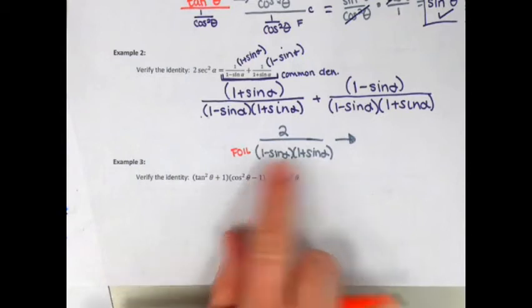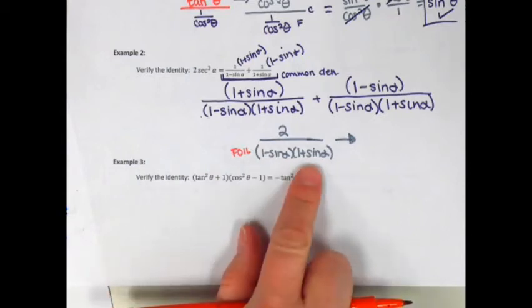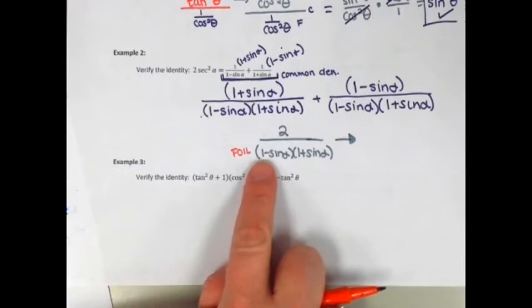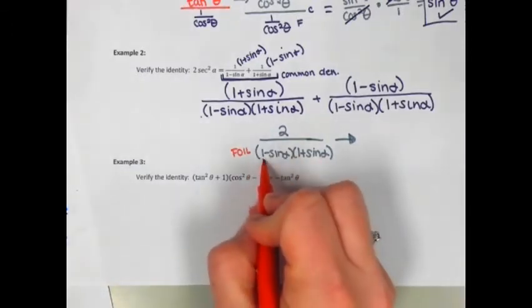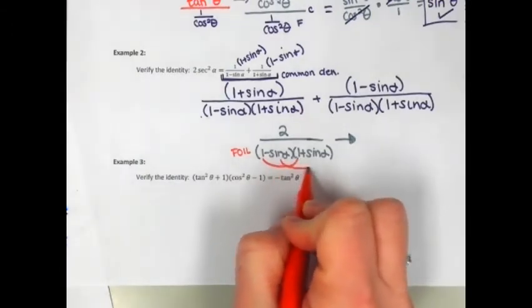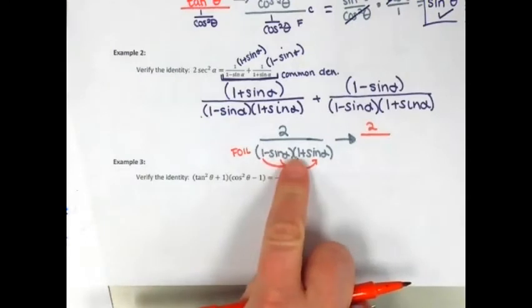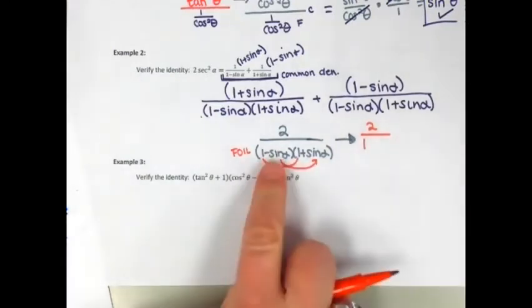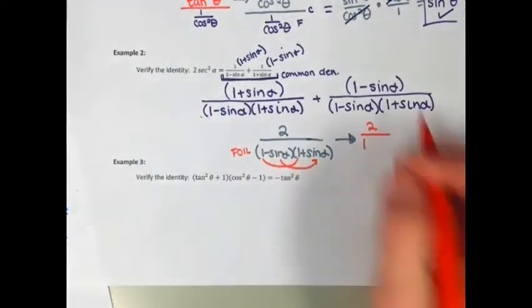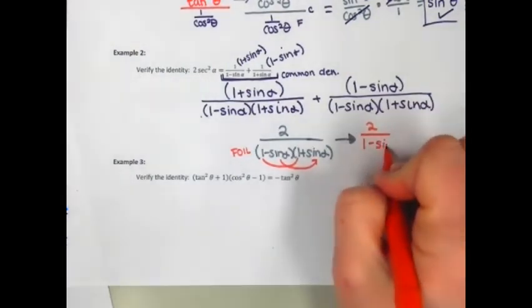So isn't that the difference of 2 squares? And if they're the difference of 2 squares, do I have to multiply the outside and inside terms? No. So I would just have to multiply the first terms and my last terms. So what's 1 times 1? 1. What's a negative sine times a positive sine? Negative sine squared.